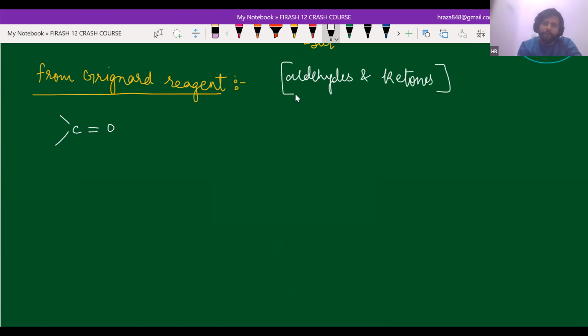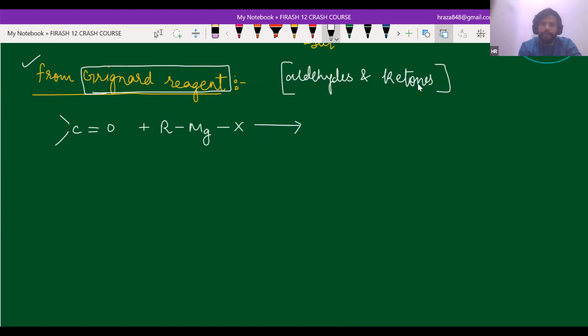So whenever you do the reaction of either aldehyde or ketones with Grignard, you will be getting alcohol. Now see how the reaction will take place. This is your RMgX.